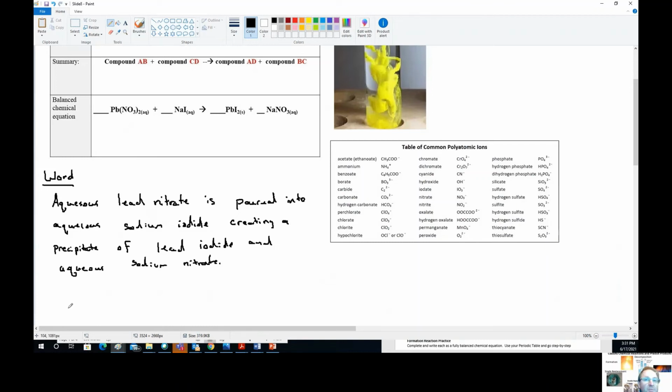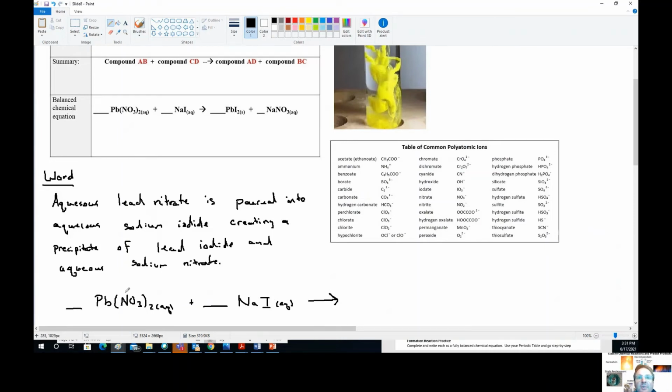Press pause, then come back in. Lead nitrate, Pb(NO3)2, and we need 2 of the nitrates to balance off the lead's charge. And let's combine that with sodium iodide. Sodium's positive 1, iodide is negative 1, so it's just NaI, aqueous, AQ, so it's dissolved in solution.